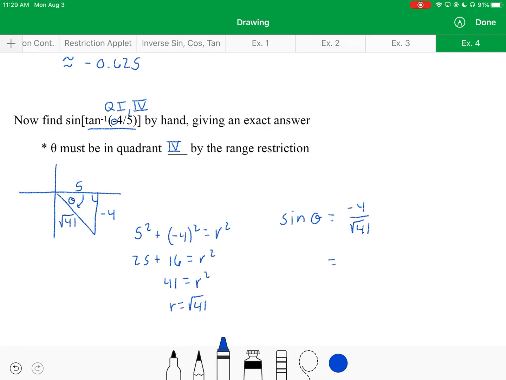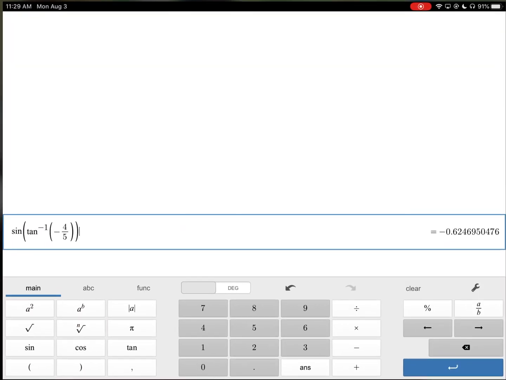And then that gives me, in rationalized form, -4 radical 41 over 41. So there should be an exact value. If we approximate that, it should give me -0.625, just like the calculator did at the beginning of this example.